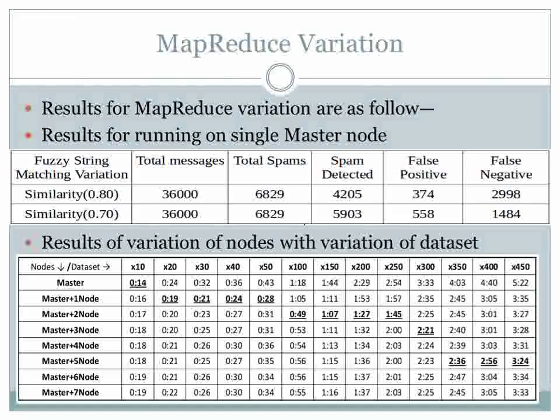When this dataset was fed to our MapReduce variation of the framework, we set our similarity level to 0.80, and it was able to detect around 4,200 spam messages. To further improve the detection rate, we lowered the similarity level to 0.70, and it was able to detect around 5,900 spams. But if we try to improve the detection rate further, the false positives increase exponentially. So we finally set the similarity level to 0.70.